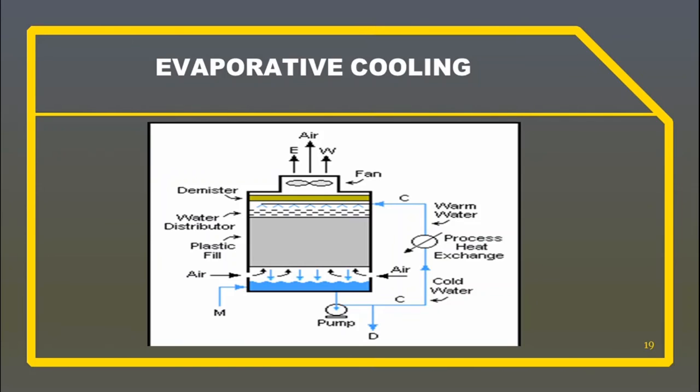Some of the water is going to evaporate. When it evaporates, it's actually going to cool the water molecules surrounding it. This process is called evaporative cooling. When this occurs, the water that drops out is actually cooler than when it originally entered the top of the fill.